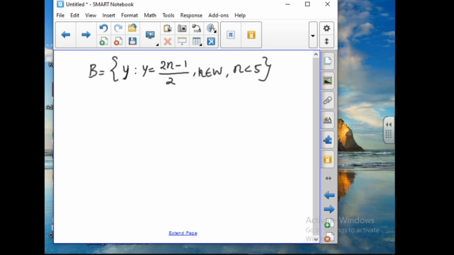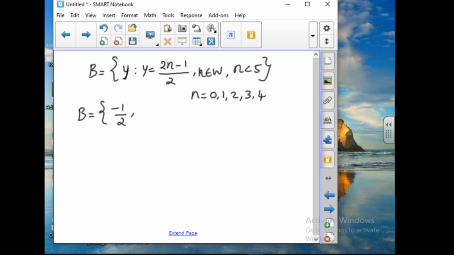W means whole numbers. It starts from 0, 1, 2, 3, 4. All the n values you have to apply in Y. So what do you get? B is equal to, if you apply 0, 2 into 0 is 0, 0 minus 1 means minus 1 you will get. So minus 1 by 2.